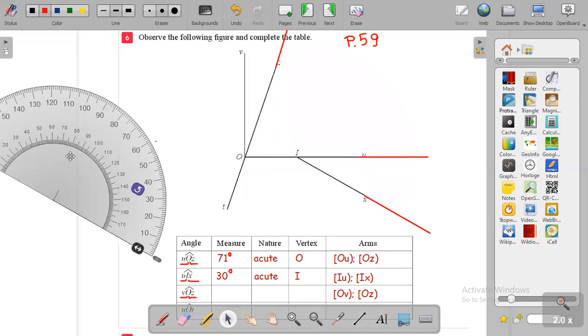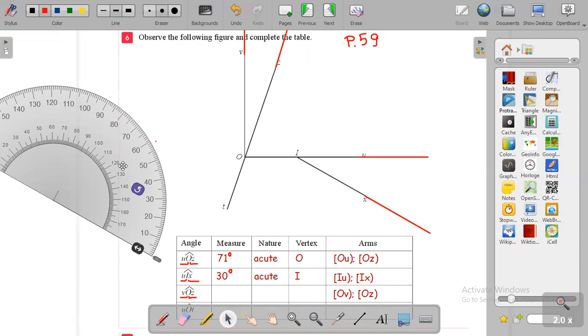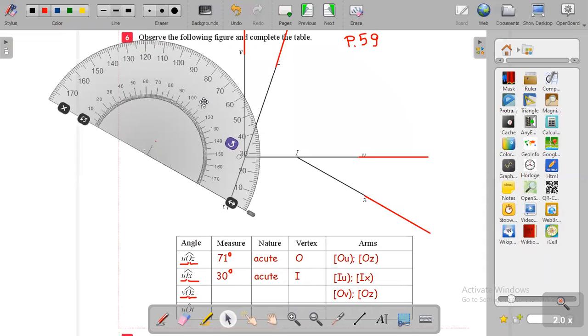Now let's elongate OV from V and OZ from Z. We already elongated OZ, so we just elongate OV from V. Now we take the protractor, we put it on one arm. We can put it on OV or OZ. Let's put it on OV.